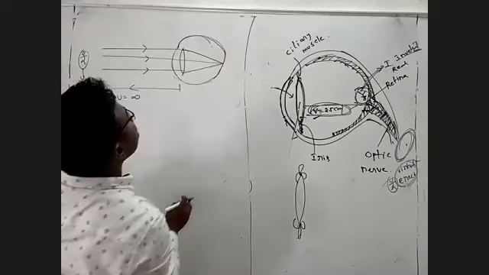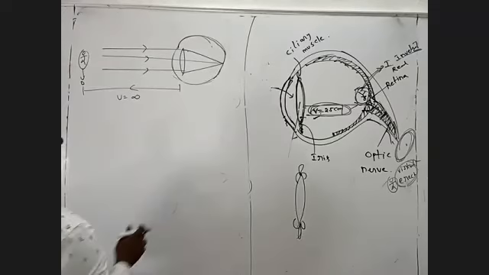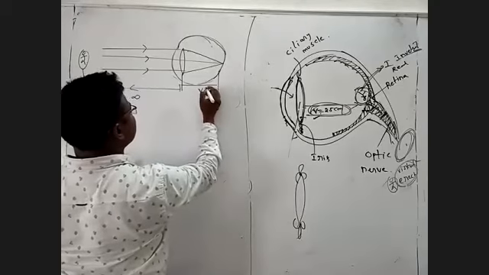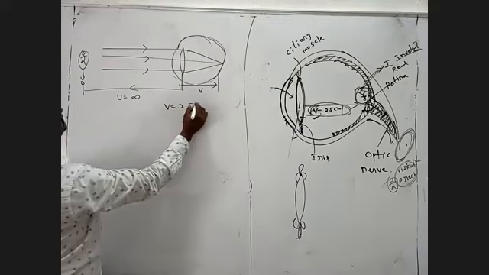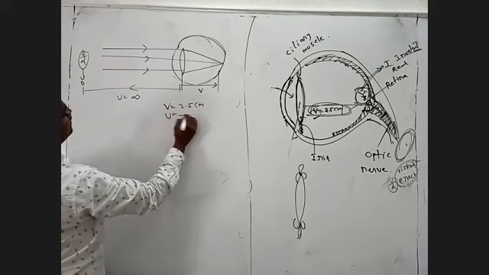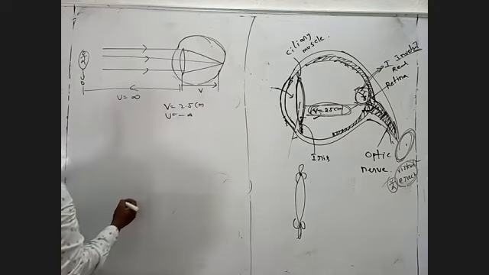From here to here is the image distance v. So v is equal to 2.5 centimeters, and u is equal to minus infinity.